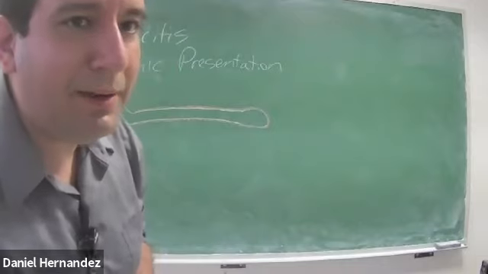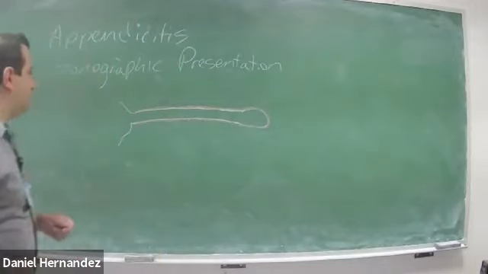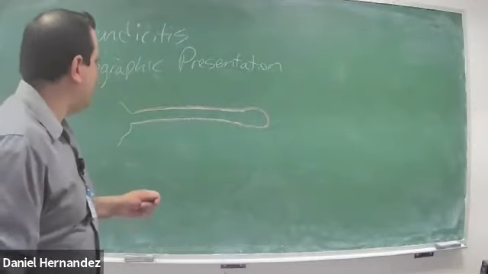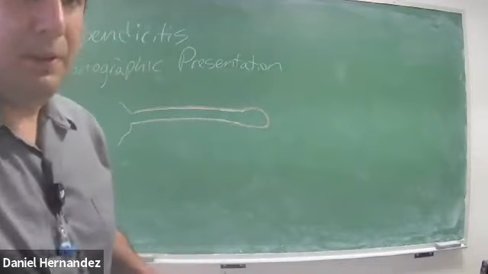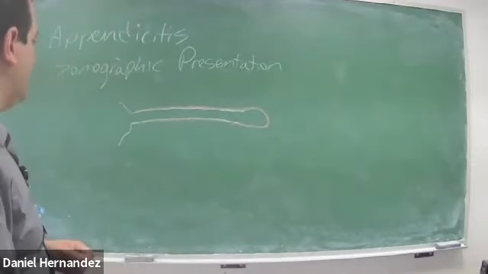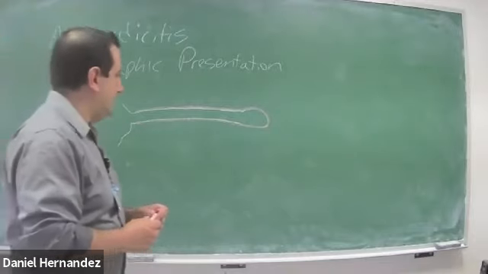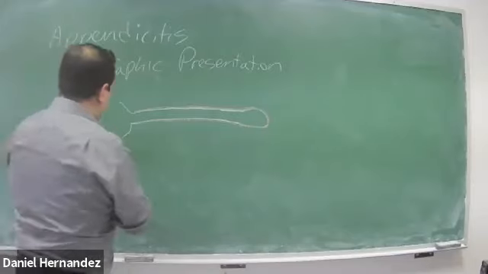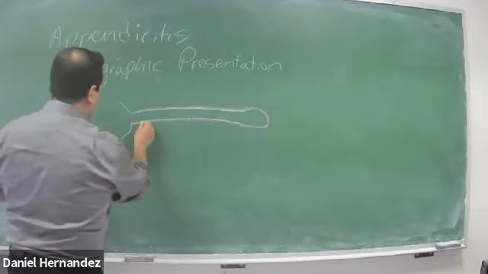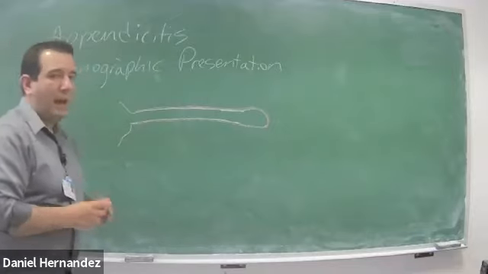Just peeking ahead at some of the images. If we have an appendix coming off the cecum and we feel that it is positive for appendicitis, first off, we're going to have dilatation of the appendix. You'll typically see a more echogenic inner lining and a hypoechoic outer layer.